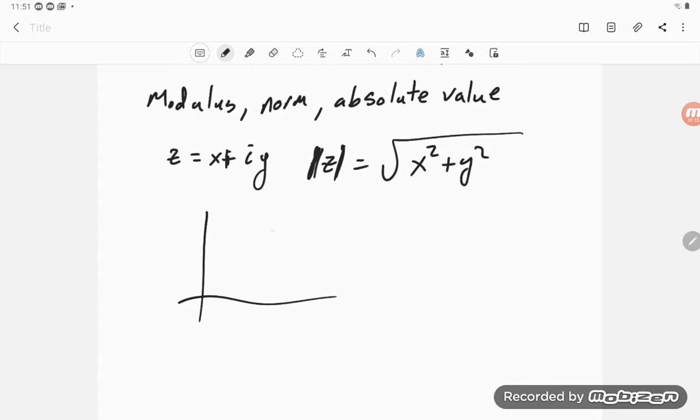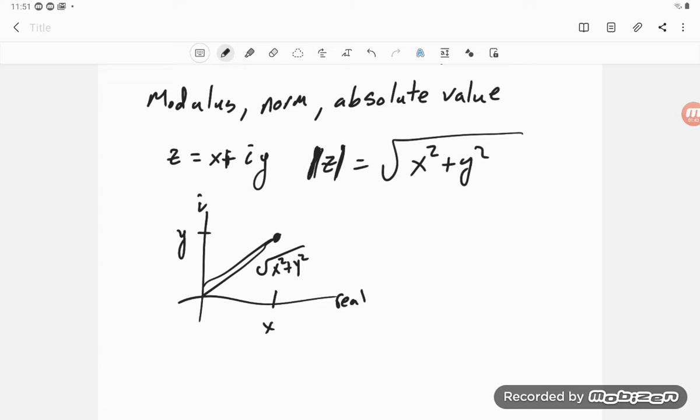So, if I'm out here at some x and some y, there's the y-axis, there's real. Then, right, what's this distance? This distance is the square root of x squared plus y squared. Okay, so it's really just the distance formula from the geometry standpoint of complex numbers.